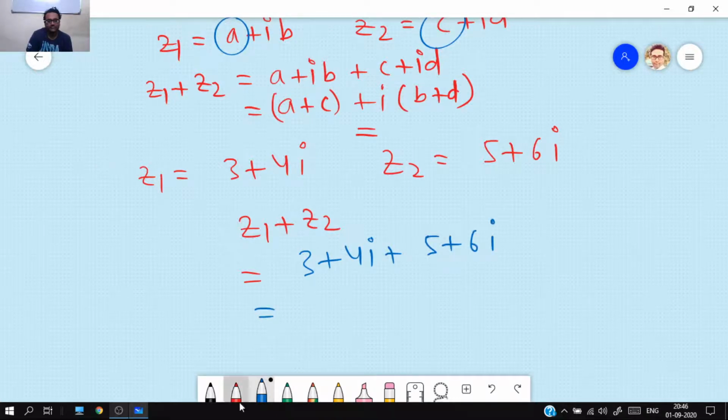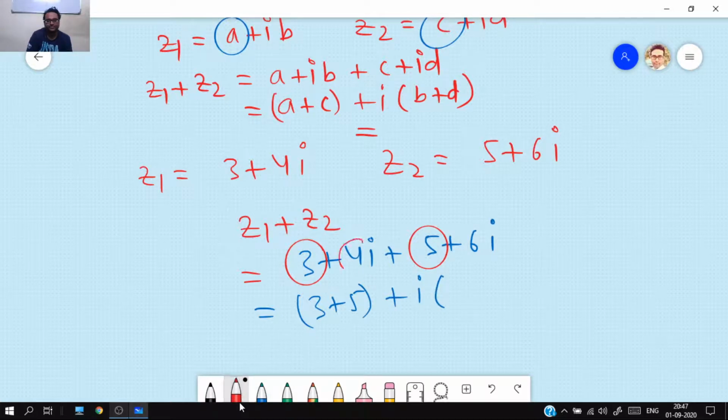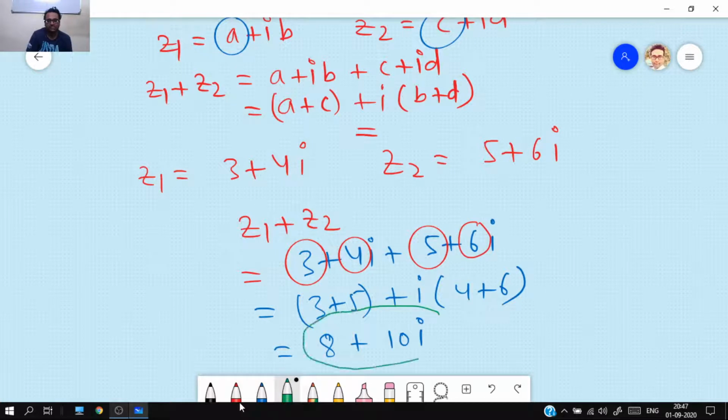Writing the real part together, 3 plus 5 under bracket, and writing the imaginary part together, 4 plus 6. What we get? 3 plus 5 is 8 and 4 plus 6 is 10i. So our answer is 8 plus 10i.